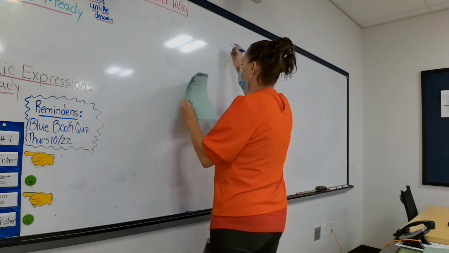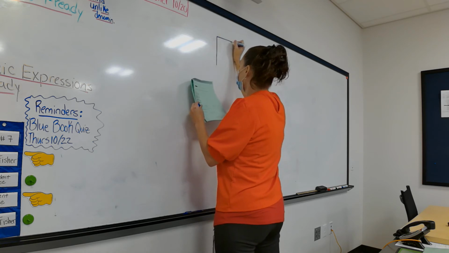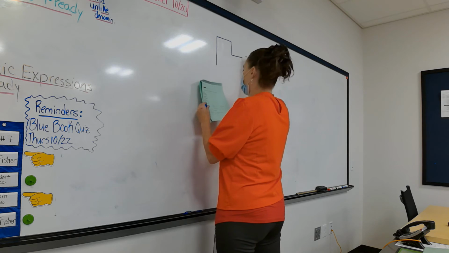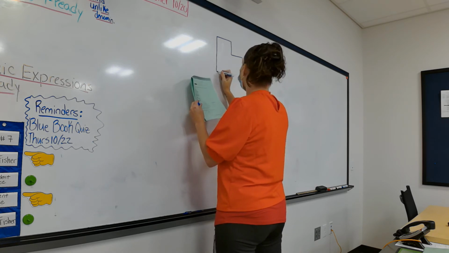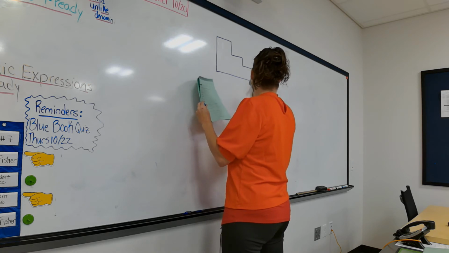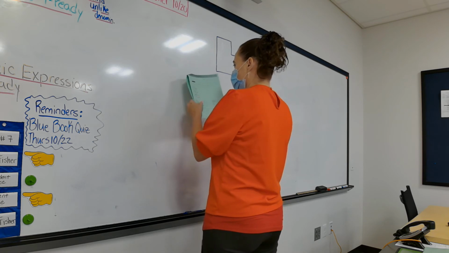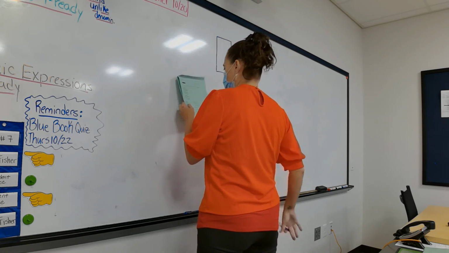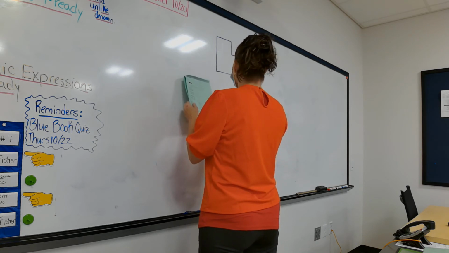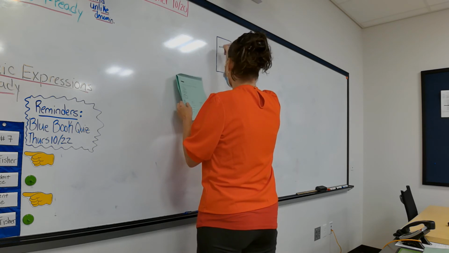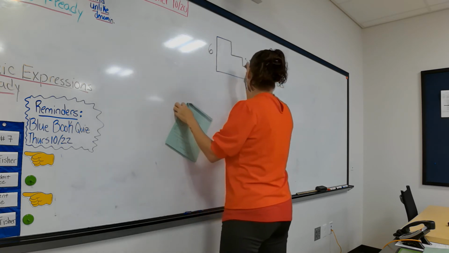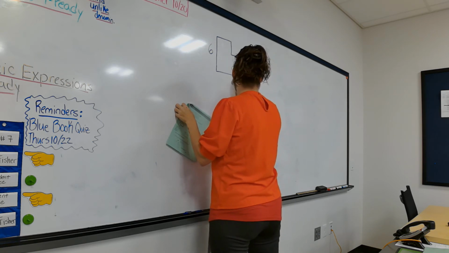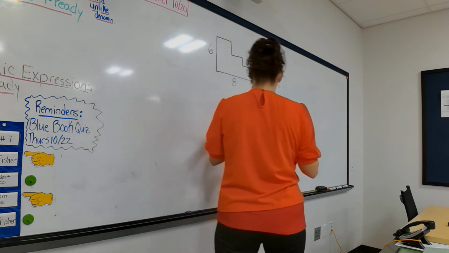All right, so we're going to look at shape A. Let's say this is... so just write these numbers down, because I'm just going to randomly put numbers down at this point.